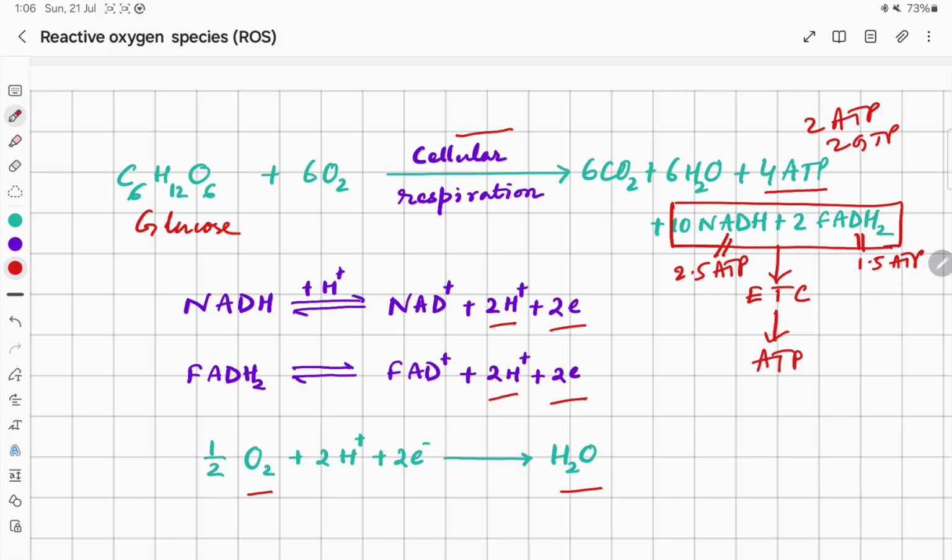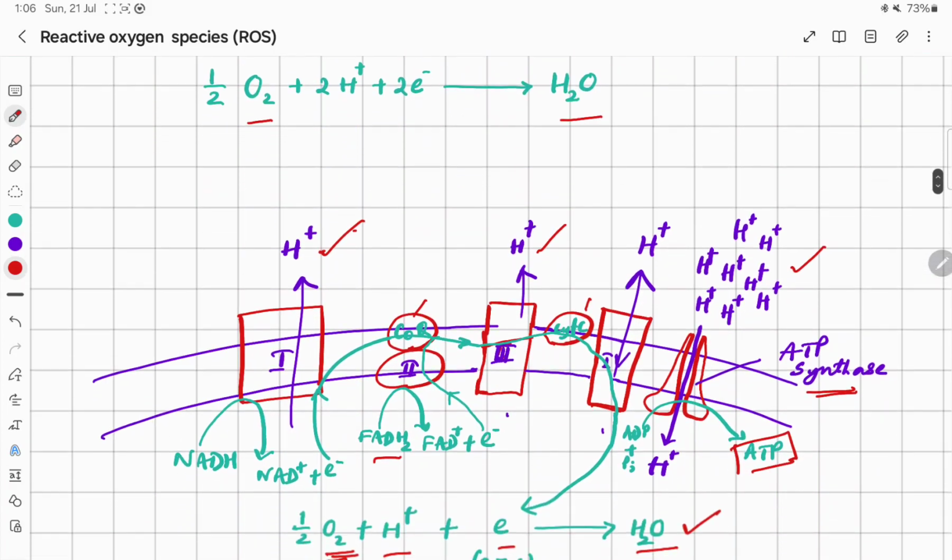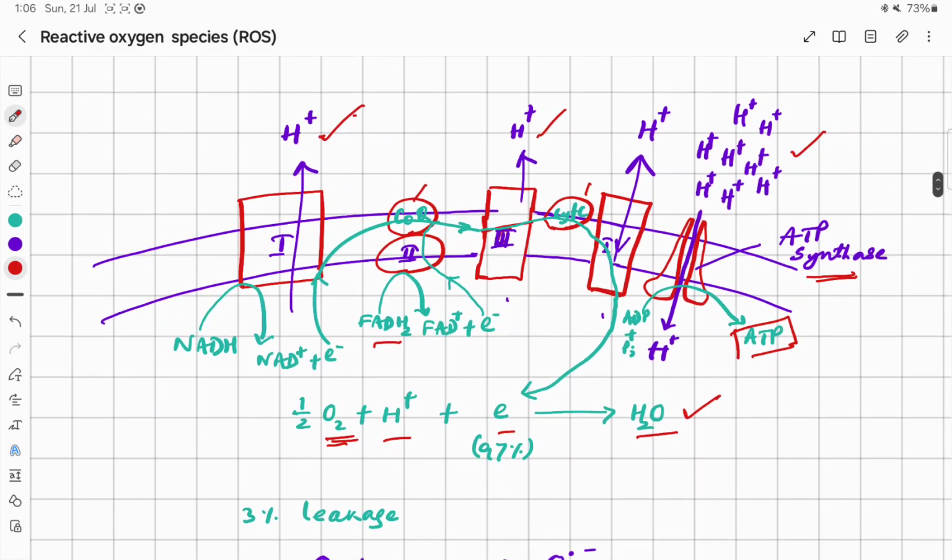They can produce ATP through the electron transport chain, and how that occurs you can see here. The electron transport chain consists of 4 complexes: complex 1, complex 2, complex 3 and complex 4, and in addition there are coenzyme Q and cytochrome C. NADH provides the electron to complex 1 and FADH2 provides the electron to complex 2.